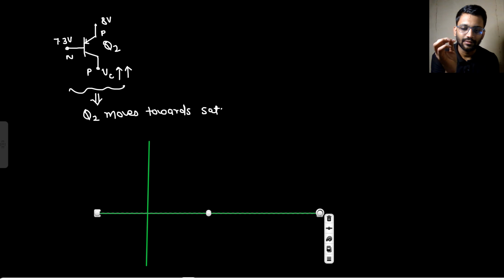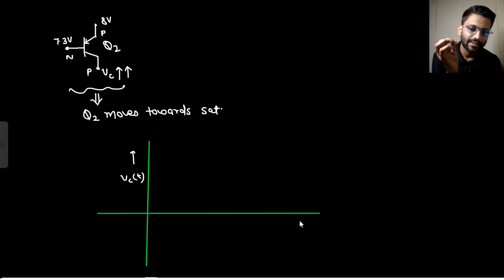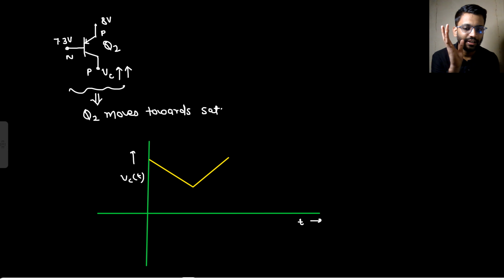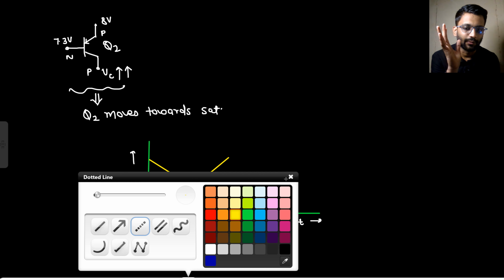So what was your complete characteristics? Not the characteristics, what was your VC waveform? The VC waveform started from 5, then it kept going down, then after some particular time it went up. How much it went down, how much it went up, we don't know.